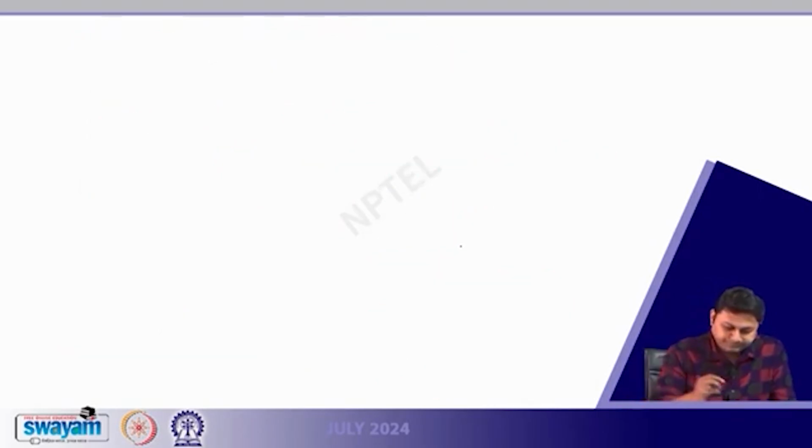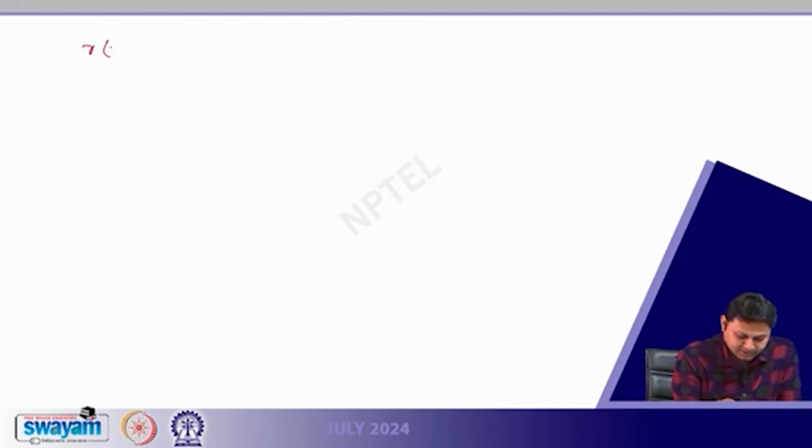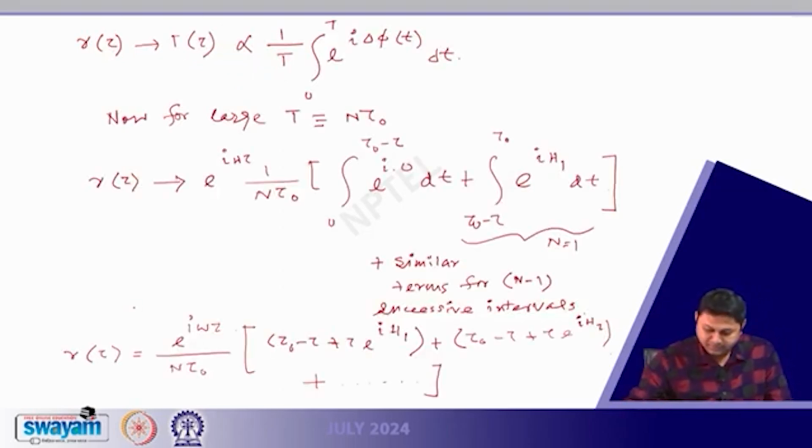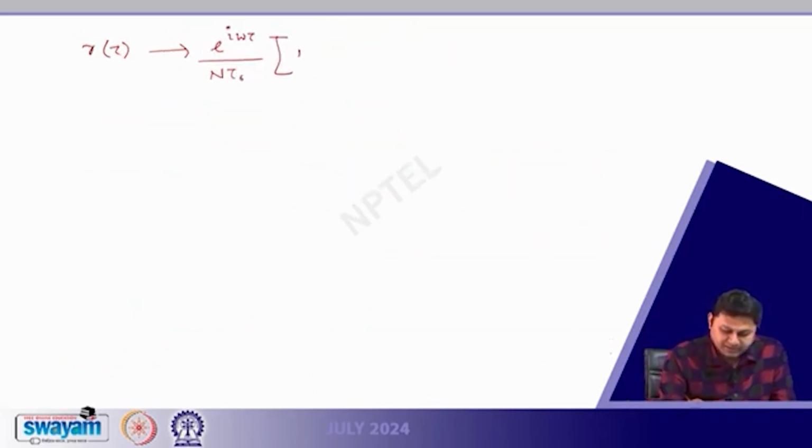So my gamma, that is the degree of coherence that I wanted to find out, will be related to a term like e to the power of i omega tau divided by n of tau naught, and if I accumulate all these terms, tau 0 minus tau, all these tau 0 minus tau, there will be n number of tau 0 minus tau, so it should be n multiplied by tau naught minus tau, that will be one term, and then there will be a sum over tau.